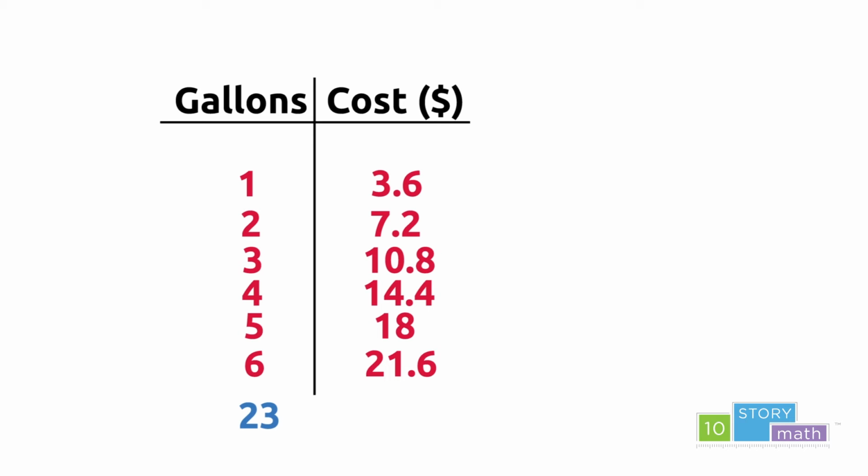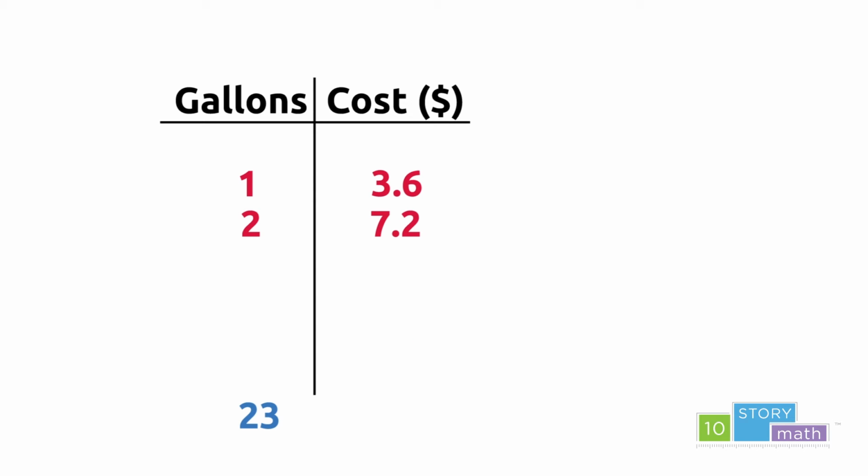Instead of adding 1 gallon each time, we can work on doubles. If I double the number of gallons each time, the cost will also double. Let's try this out starting at 2 gallons costs $7.2. When I double the number of gallons, I get 4.